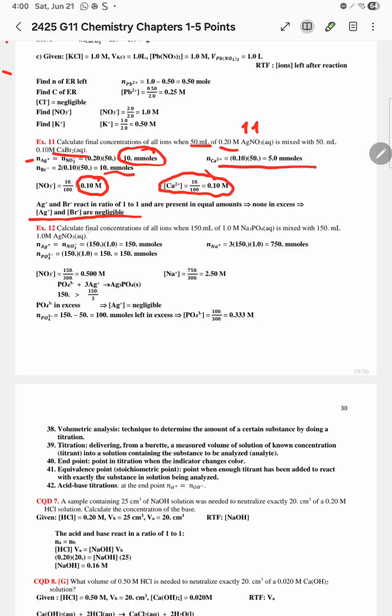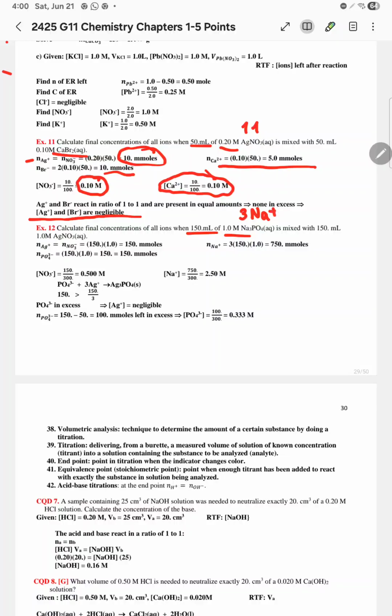Now calculate the final concentration of all ions when 150 milliliters of 1 molarity Na3PO4 is mixed with 150 milliliters of 1 molarity AgNO3. So here, I think we have 1 mole of everything other than Na. Na, you have 3 moles of Na plus here. That's the only one that has a coefficient.